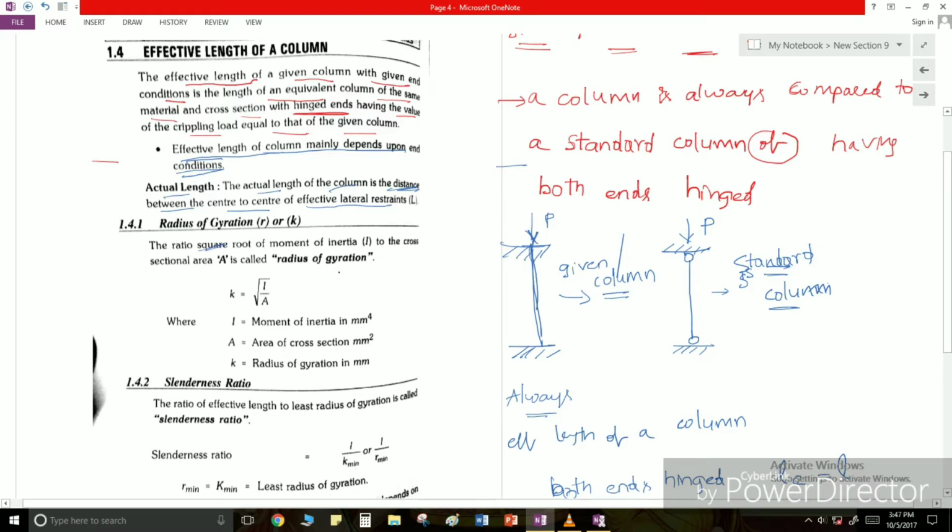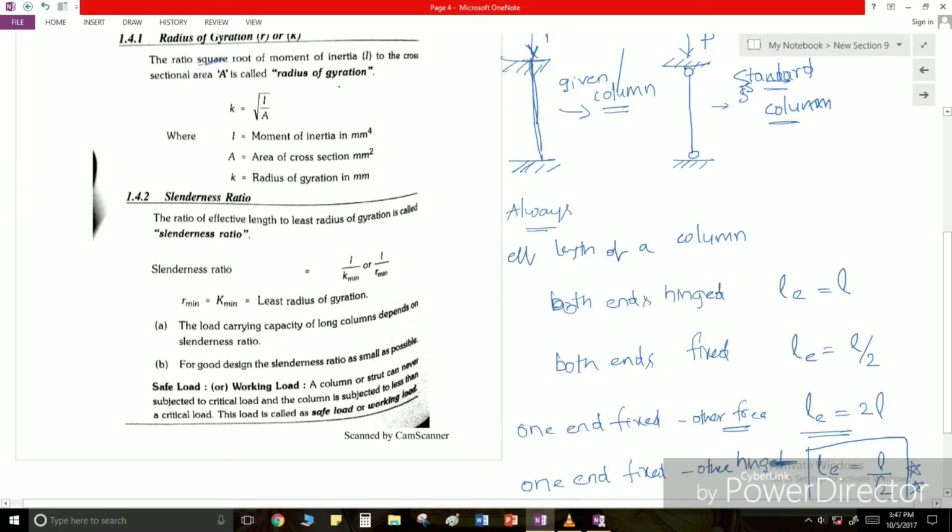Just know the definition; there is no particular formula or exact definition. Just remember it like that.